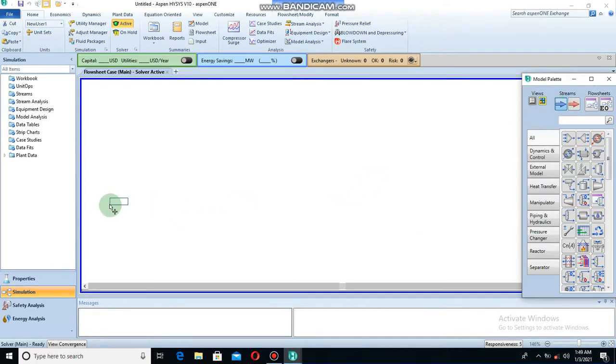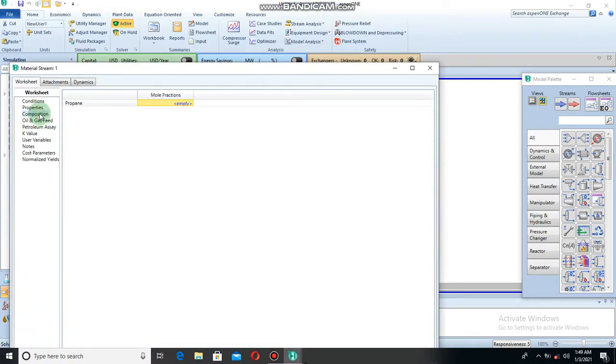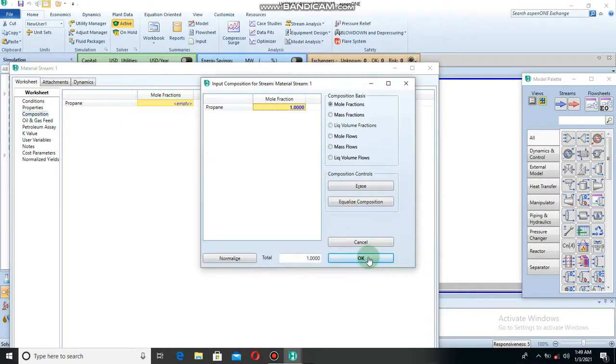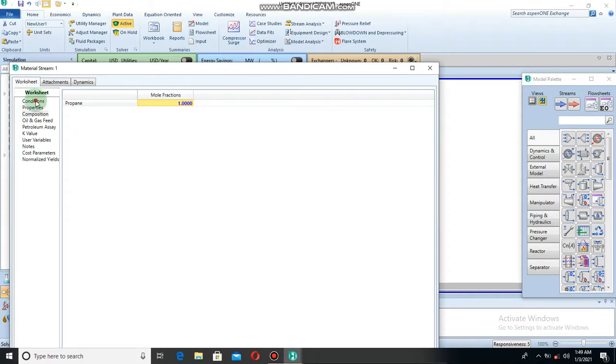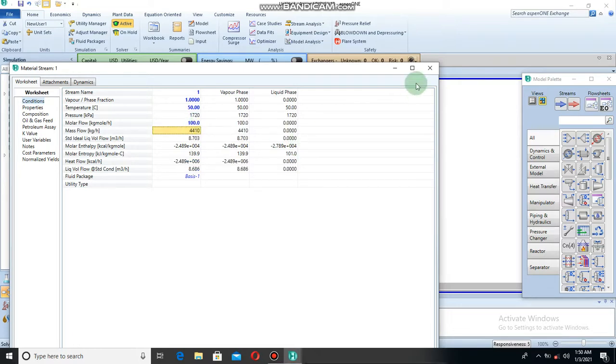Our material stream holds propane at its purest, so composition should be 1. Conditions: propane in its vapor form at 50 degrees centigrade. And flash calculations have been done, and we need 100 for flow.